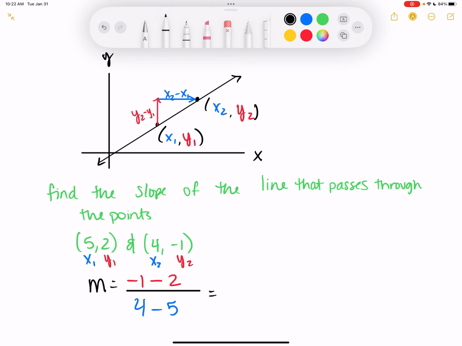So then I have -1 minus 2, which would be -3, divided by 4 minus 5, which would be -1. So that would reduce to just +3, since they're both negative and there's a 1 on the bottom. So the slope of the line for this would be 3.